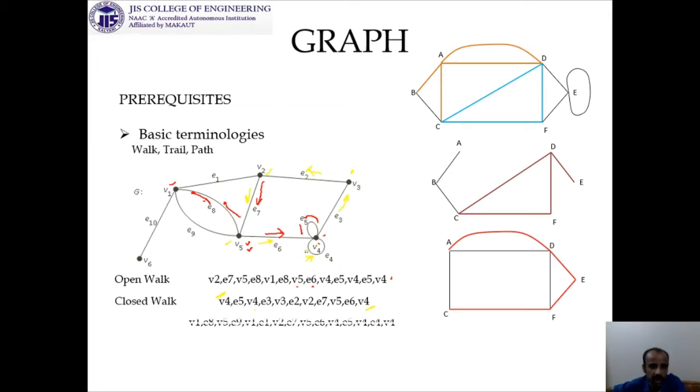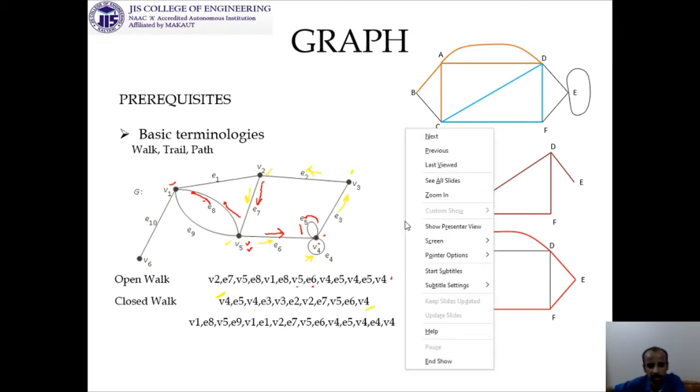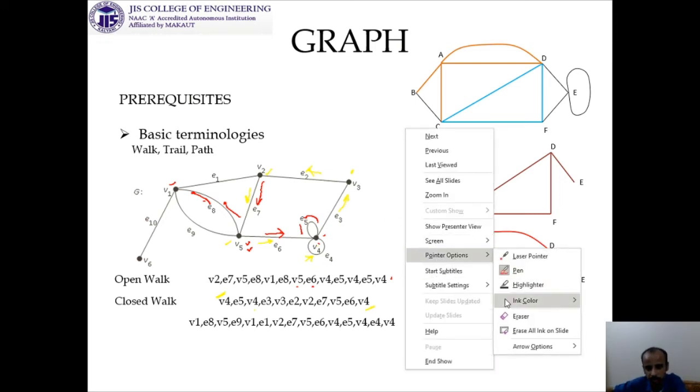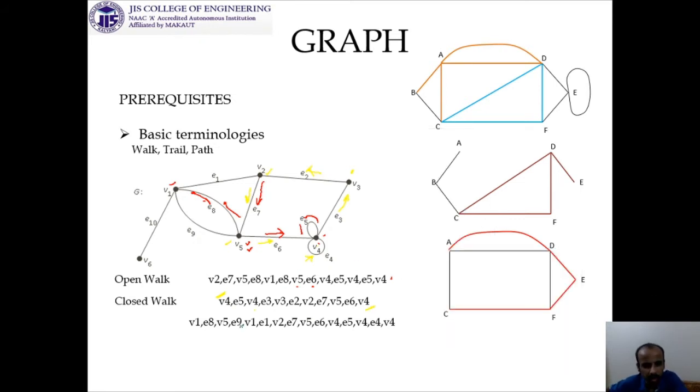Now we are going to consider another one. Let us go through it in a faster manner. It is starting from V1. This is our V1.